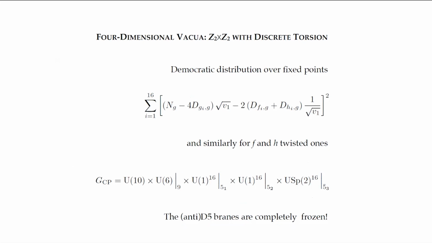And again, you get 4-dimensional vacua, which have a D9 gauge group which is U10 times U6, with moduli that you can at least condense the U6 in the bulk. However, on the various D5 branes, the gauge groups don't admit, let's say, scalars in representations of the U1 or the USp16, and they are completely frozen.